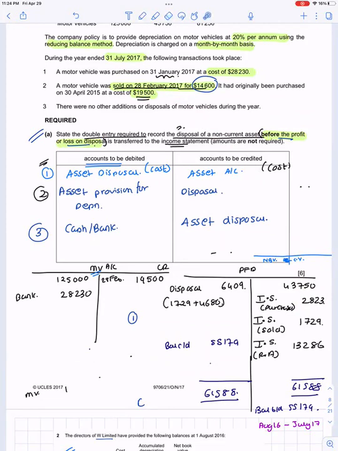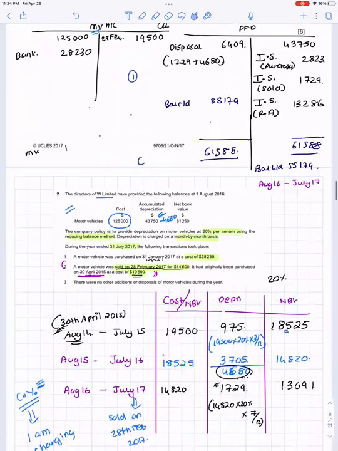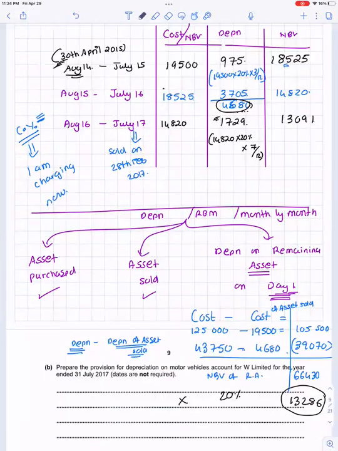Transaction 2. You have sold the motor vehicle. For how much? 14,600. I have sold the motor vehicle for 14,600.